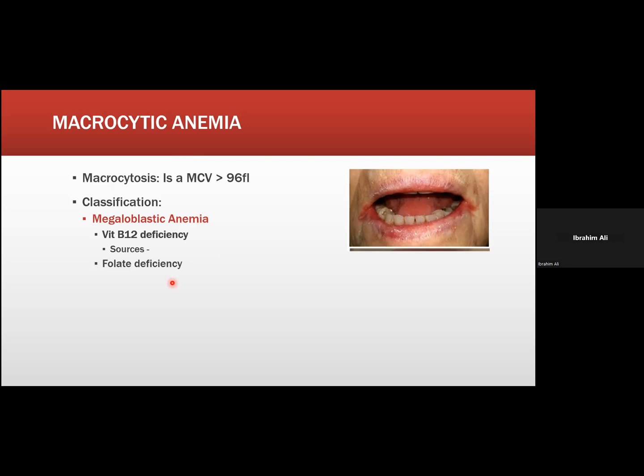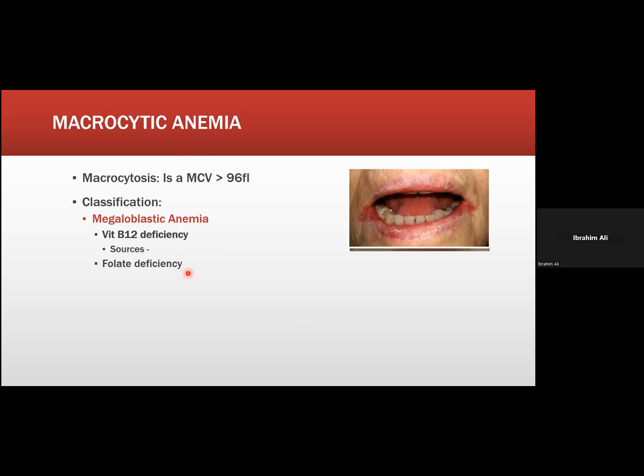So macrocytic anemias are divided into two types. We have megaloblastic and non-megaloblastic types. For the megaloblastic, we have deficiency of B12 and also folate deficiency, that is vitamin B9.